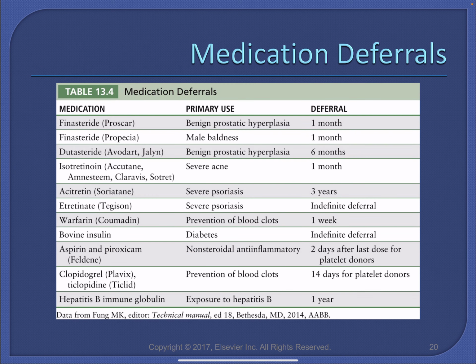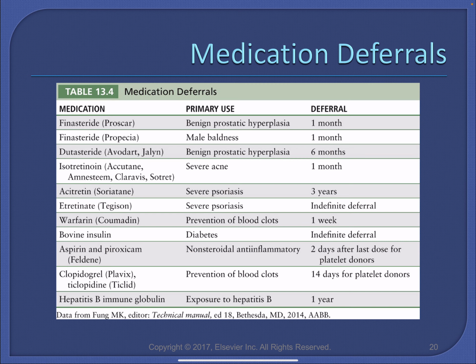However, there are others that will deem the donor to be deferred for a certain amount of time. So you have Proscar and Propecia, which is for male baldness. These will defer the donor for about 1 month. Avodart, 6 months. Accutane for about 1 month. And then you can see the rest here.